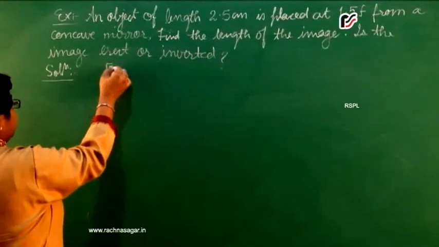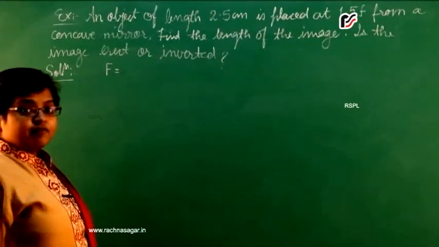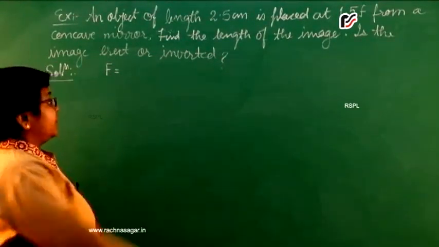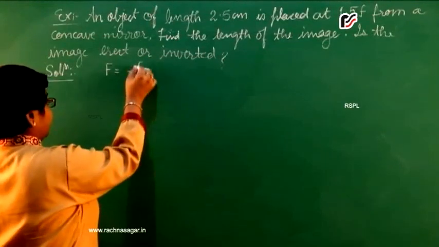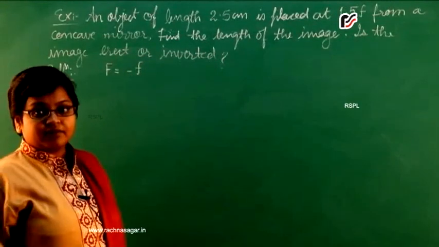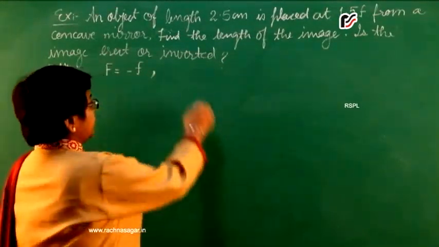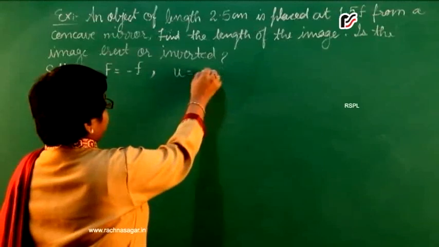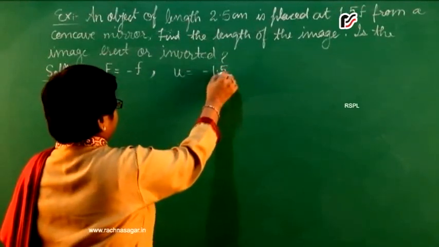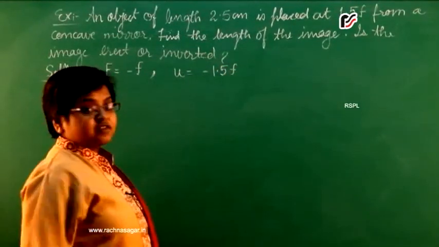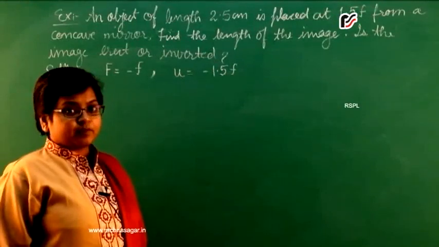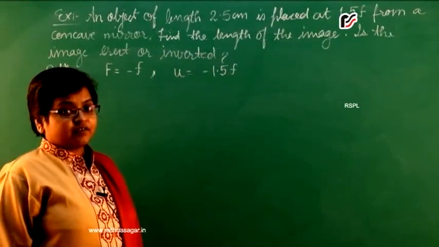The focal length of the concave mirror, say small f, is always negative. The distance of the object is given, which is equal to 1.5 f, and it is negative because the object is placed on the left side of the pole.